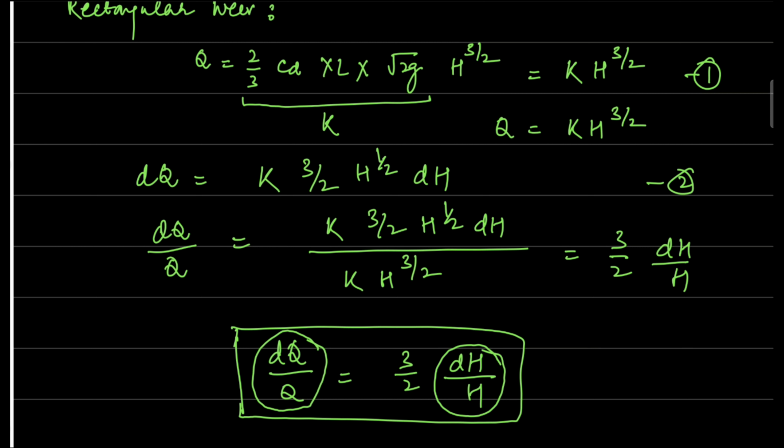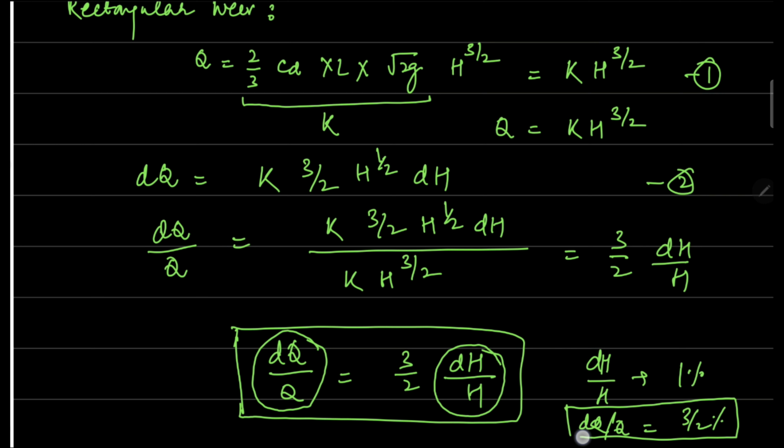So if we get 1% error in the measurement, let's say dh by h is 1%, then dQ by Q will be equal to 3 by 2%. You can see that this is getting amplified. So whenever we are measuring the head over the crest, we should be very careful.